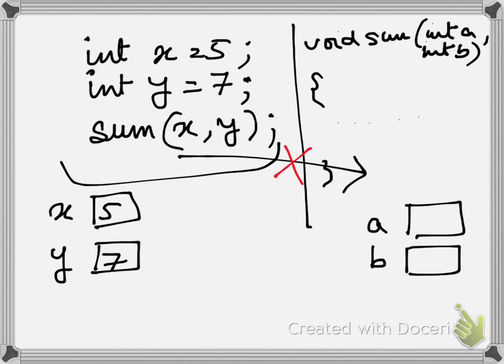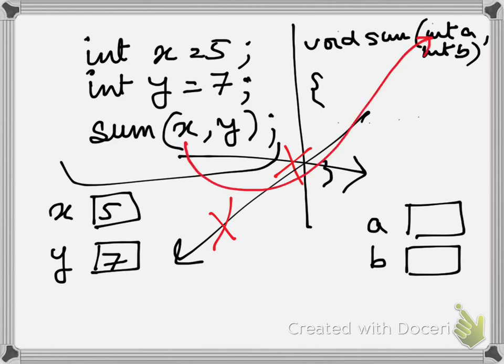Similarly, this method cannot access your x and y. So what happens? The value of x is copied to a, the value of y is copied to b. So I can write it in this manner also. In the next lecture, we will discuss more about methods, and we will talk about passing by reference.